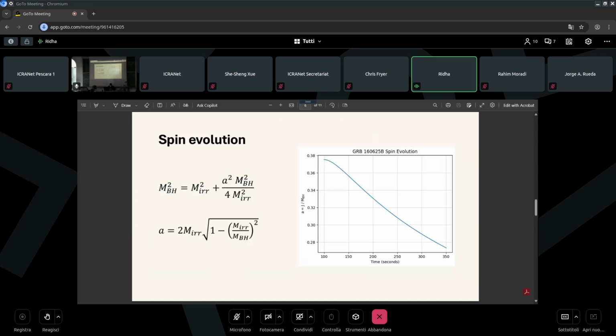And using the black hole mass energy formula, we can also estimate the spin evolution. We have the irreducible mass and then the black hole mass from the previous procedure, so we can get the spin evolution for the particular GRB.